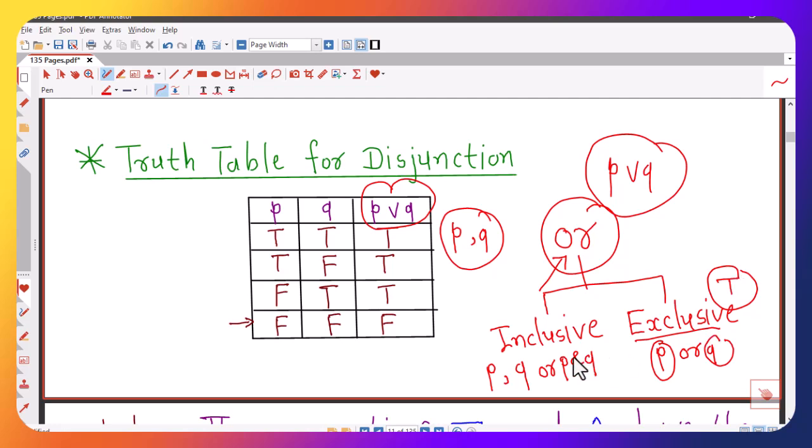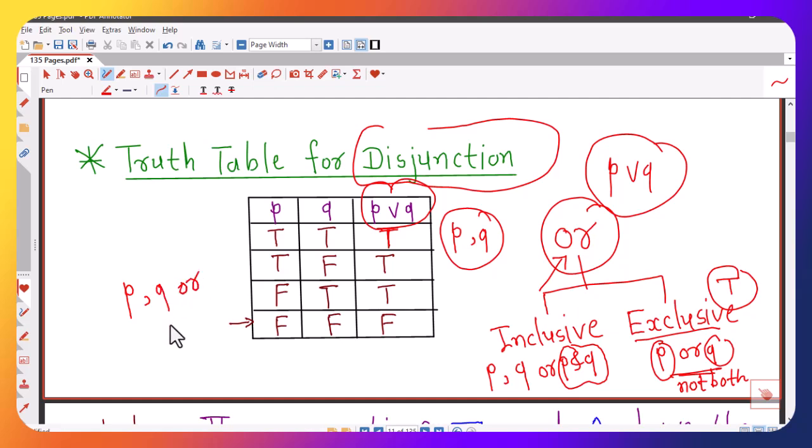So here we are not including this P and Q. In inclusive or we are including P and Q like this. Here we have written T, that is P and Q both are true, but here we are not including that option, not both. So whenever we are writing disjunction, that means we are using this inclusive or, and P or Q is true if P is true or Q is true or both are true.